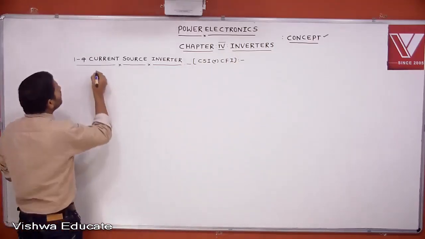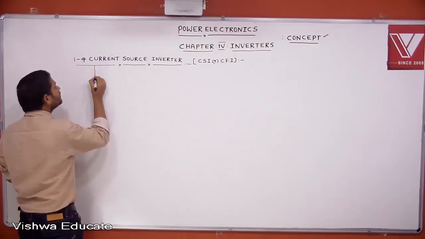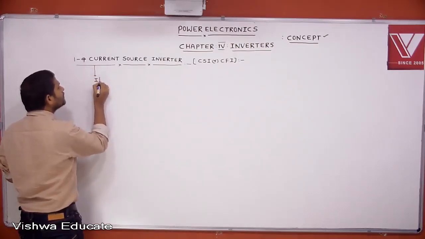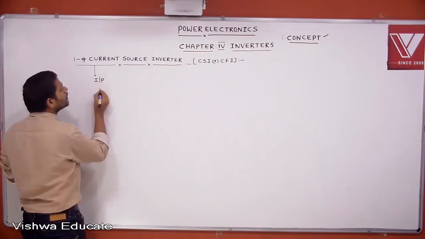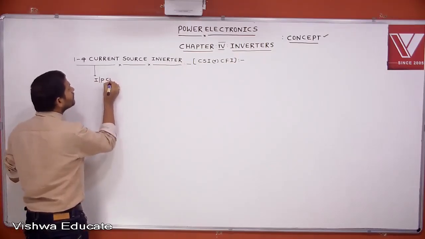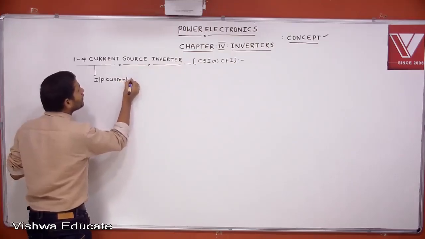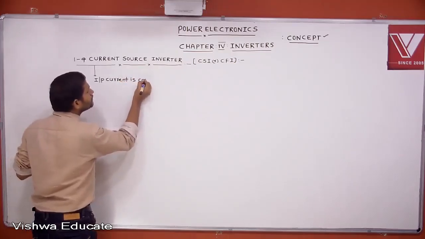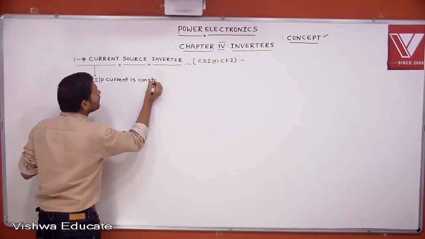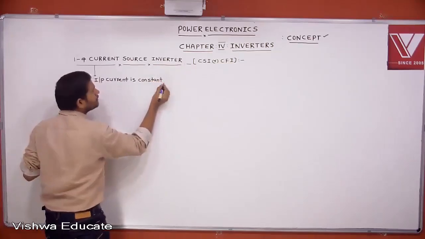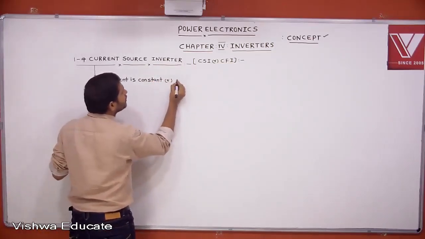That is, in a current source inverter, input current is constant or adjustable.